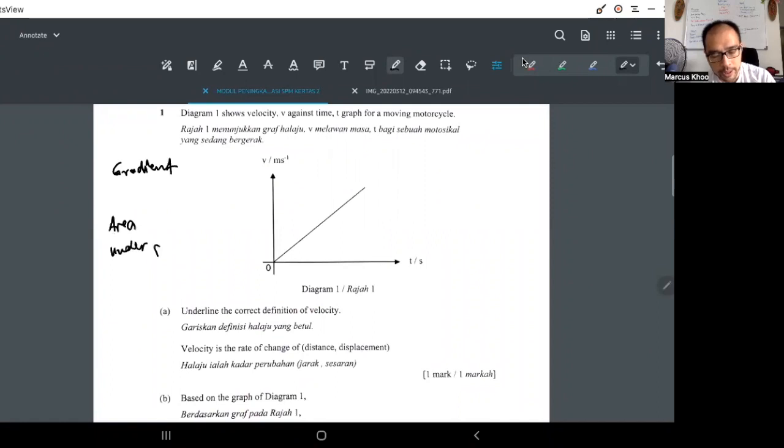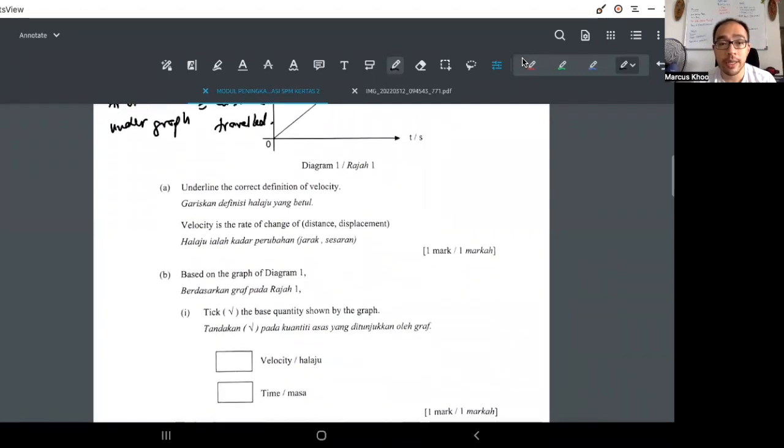The gradient represents the acceleration, and the area under the graph represents the distance traveled. Don't forget these two important things for a VT graph. If it is an ST graph, then only the gradient, and the gradient represents the velocity. But this is a VT graph.